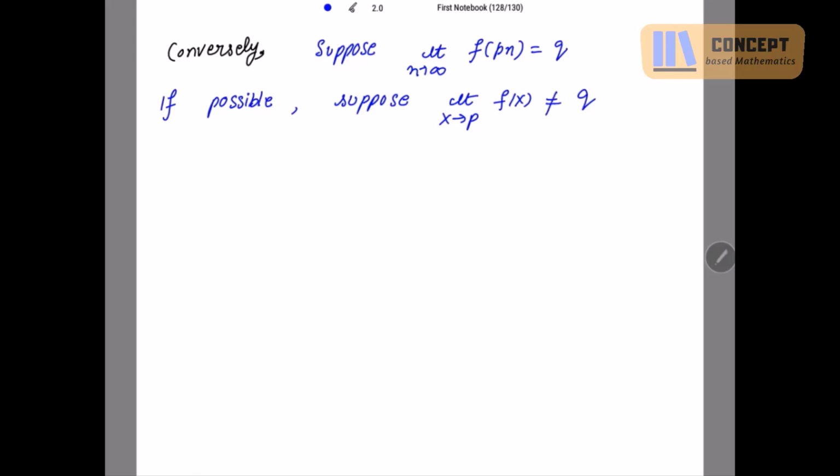Now, according to the definition for limit x tends to P f of x equal to Q, the definition for limit x tends to P f of x not equal to Q will become the reverse.